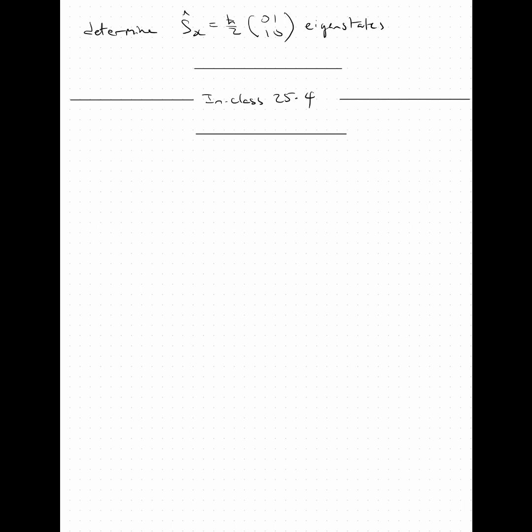When you return, let's remark on some more properties of our operators S. The following is S squared acting on the eigenvectors chi s, m sub s gives you s times s plus 1 h bar squared times chi s, m sub s.